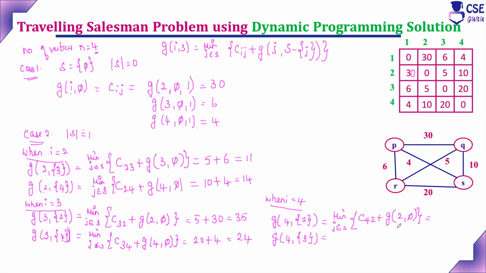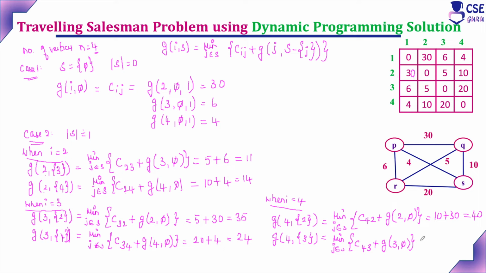Okay, so C42 cost is 10 plus 2 comma empty set cost is 30. So we will get cost 40. Next, G of 4 comma 3. That is minimum of J belongs to S, C43 plus G of, after visiting 3, there is no other city to be visited.